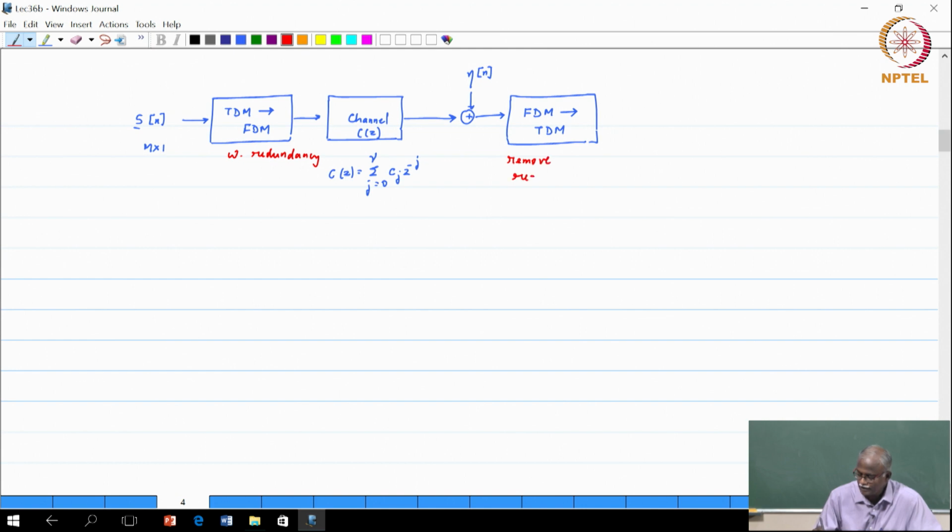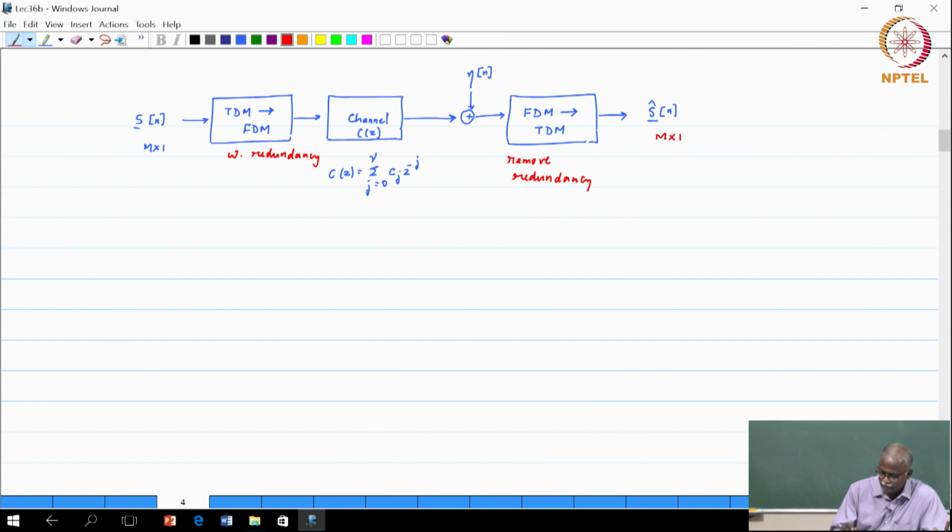Whatever redundancy we have introduced needs to be removed, leaving us with a vector S hat of n, which is also an M cross 1 vector. So, basically we have to link these two elements, and we have to demonstrate that.